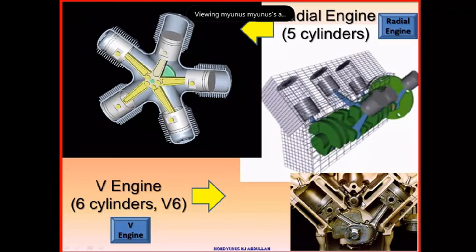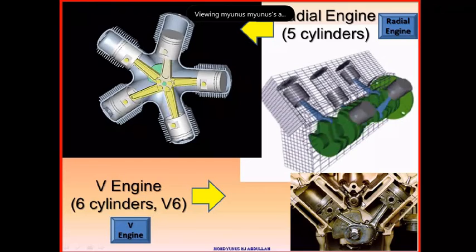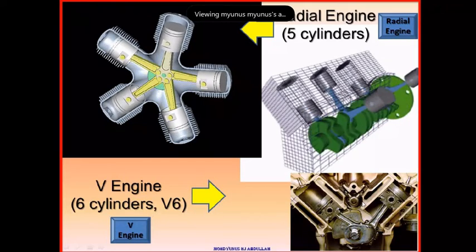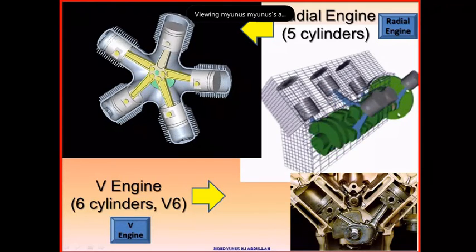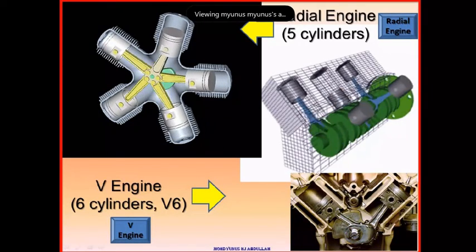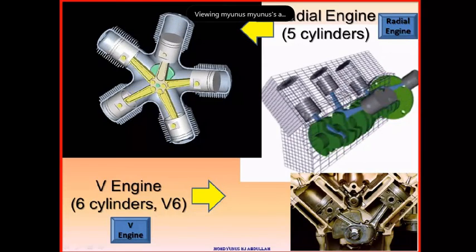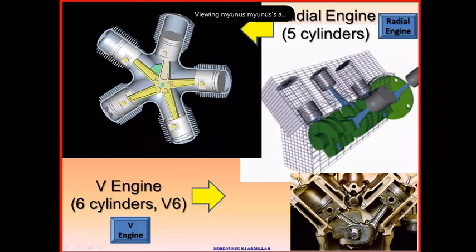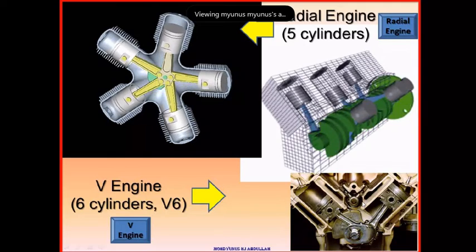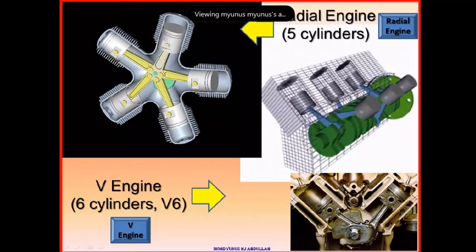The difference is that the common crank is exactly as in the radial, but for the radial engine there is no arrangement of banks. If you have 12 cylinders, they will be located in one circle. But for the V engine, when you have only one bank carrying 2 cylinders, we call it a twin engine. With 6 cylinders you have 3 banks, where one bank carries 2 cylinders attached to a common crank.